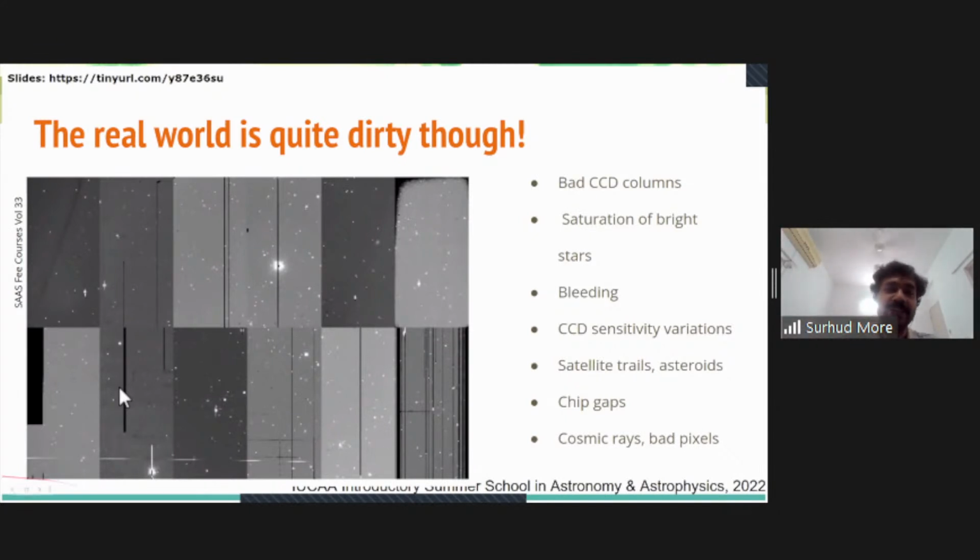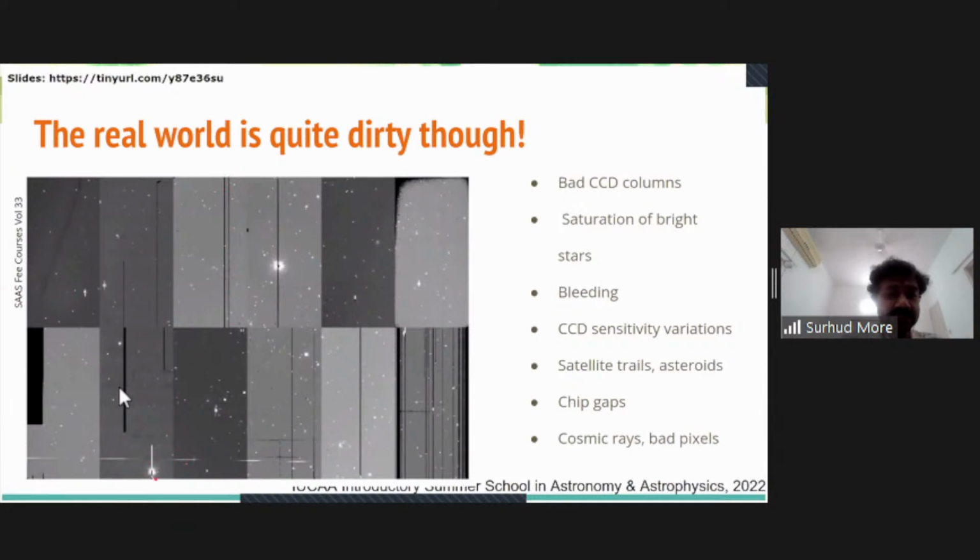You can see many, many bad things, right? One of the things is, for example, there is a bad column here, right? So it's all black. Of course, the sky is not black like that. So this is just a CCD column which has gone wrong, okay? And that's why it just gives out zeros. There's another CCD column here which has gone wrong.